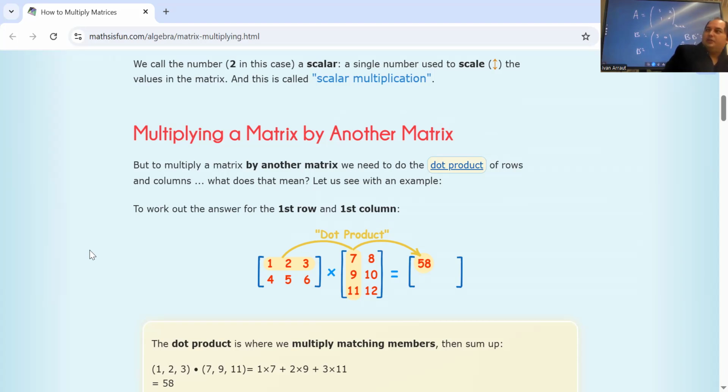The first matrix is 2 by 3, and the other is 3 by 2. You have one matrix with 2 rows and 3 columns, multiplied by a matrix with 3 rows and 2 columns.